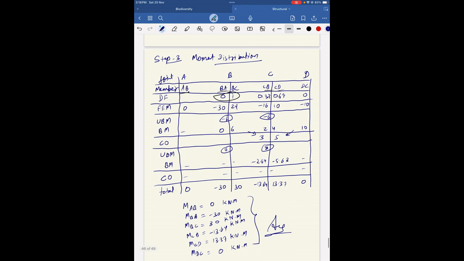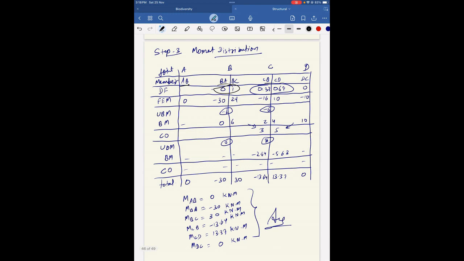Now in the moment distribution method we have all the members, and at B we have distribution factor of 1 and 0, and at C we have distribution factor of 0.33 and 0.67. Now at B we have unbalanced moment of -6, and at C also we have unbalanced moment of -6.